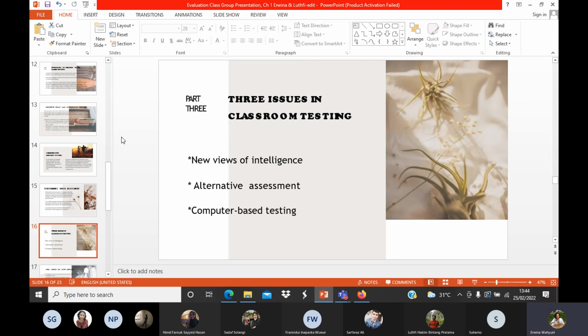And the next one is that we have found some issues in language testing. The first one is new theories of views of intelligence. The second one is alternative assessment, and there is also another alternative kind of testing, which is computer-based.